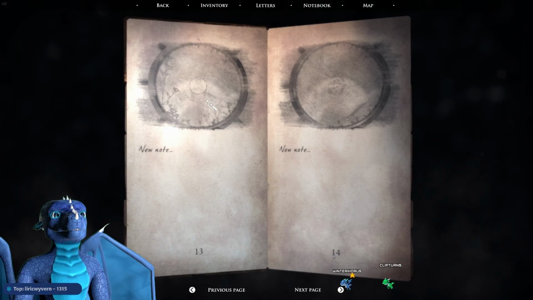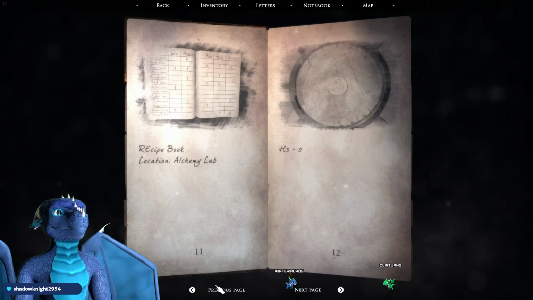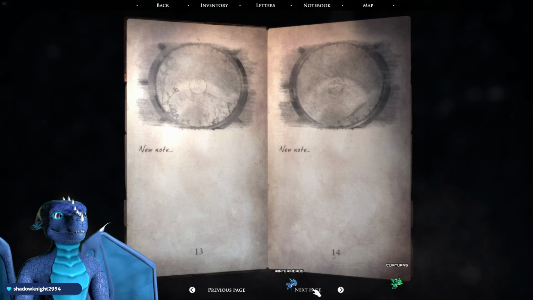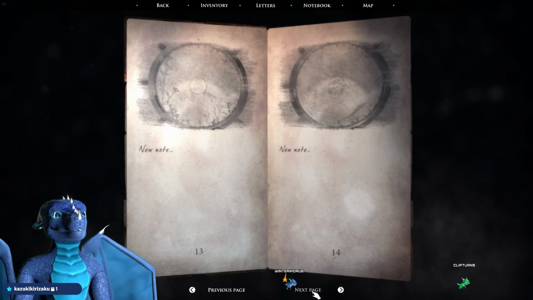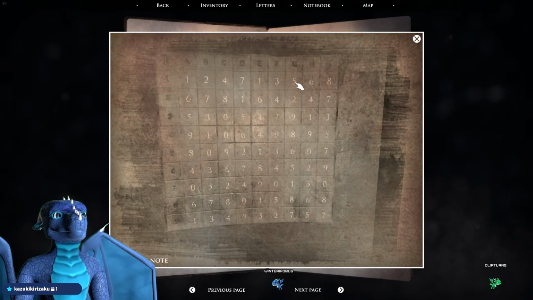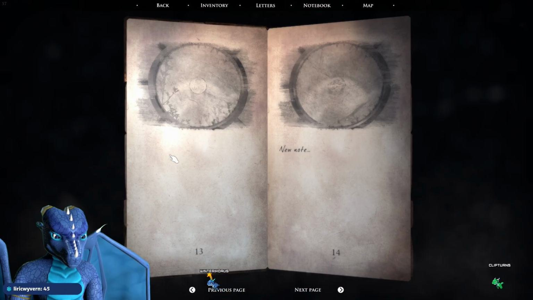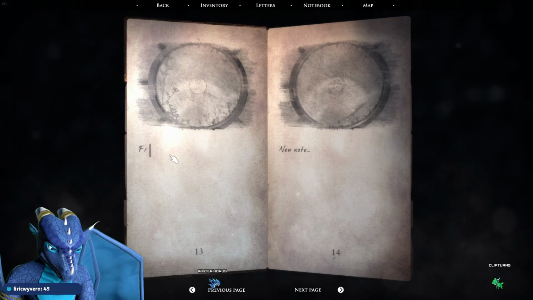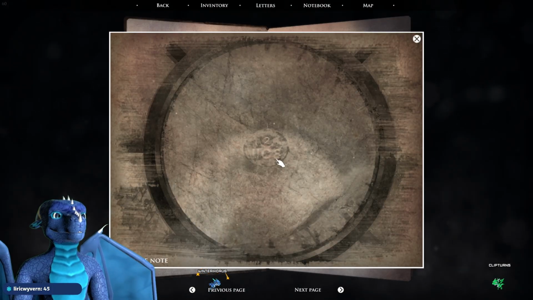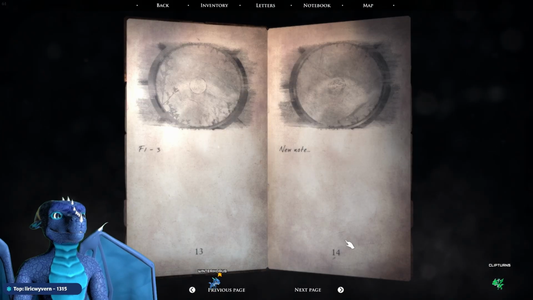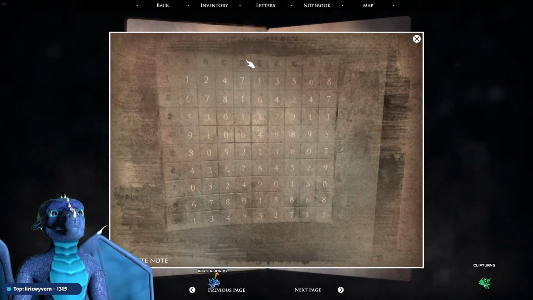What was this one? This was number... H3 is 0. Graph 2, F1. That's 3. And we have graph 2, O8. Graph 2... Wait.